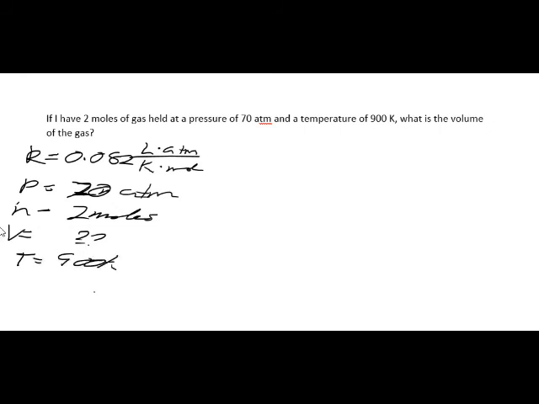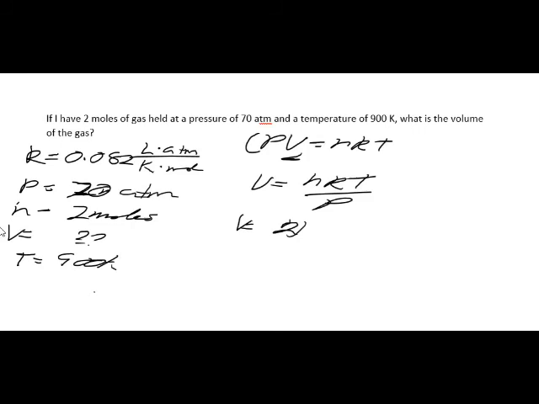So the equation is PV is equal to nRT. Now we just want V alone. So the equation will be V is equal to nRT over P. So let's substitute the values. 2 times 0.082 times 90 Kelvin divided by 70.